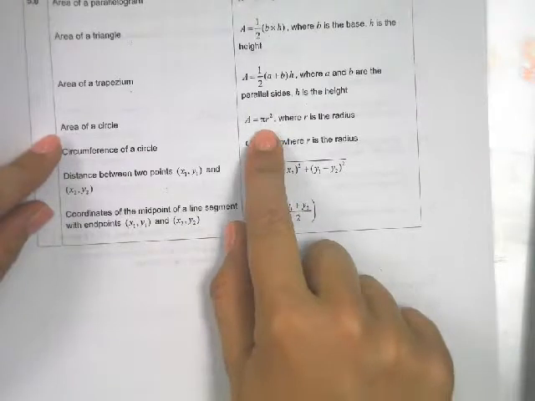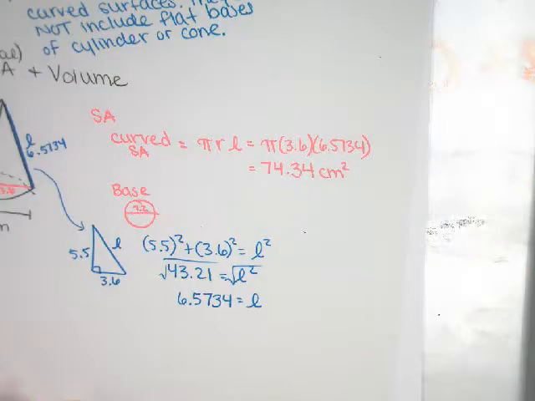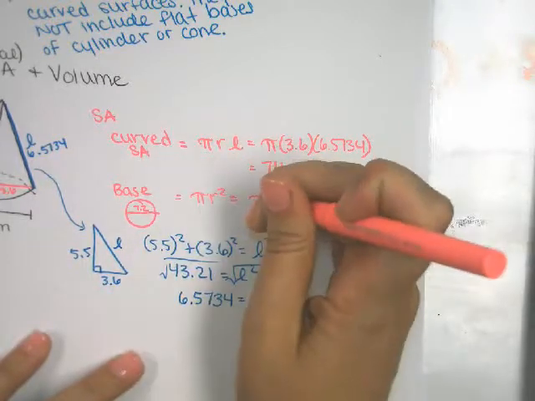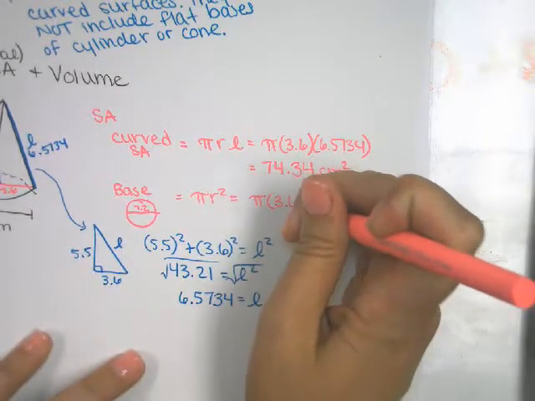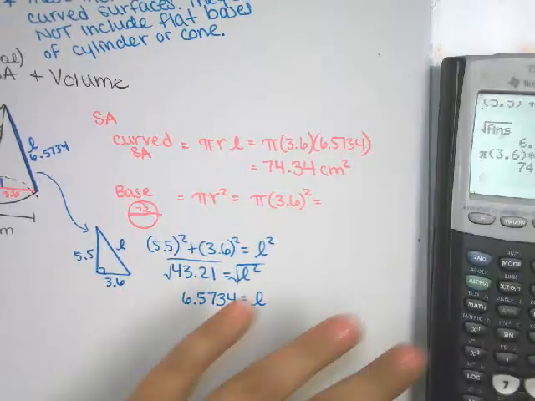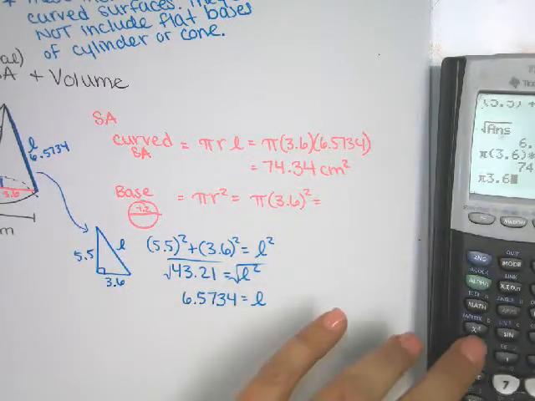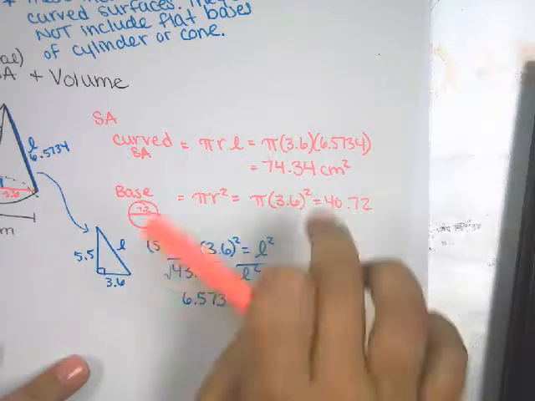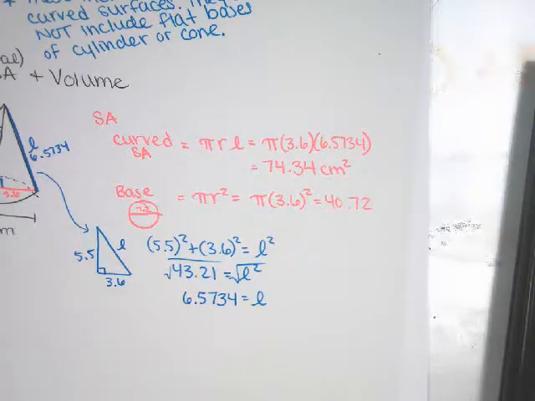Lucky for us, if you forget area of a circle, they provide the formula, pi r squared. We know our radius is 3.6. So pi times 3.6 squared is 40.72, and we add those together.